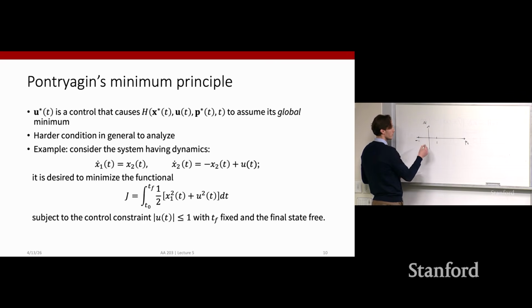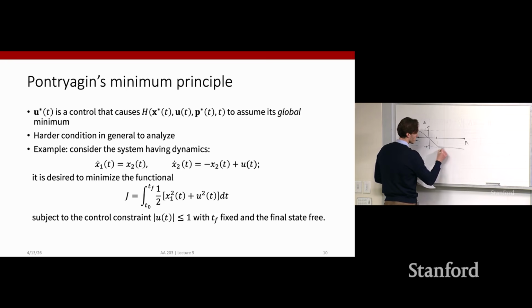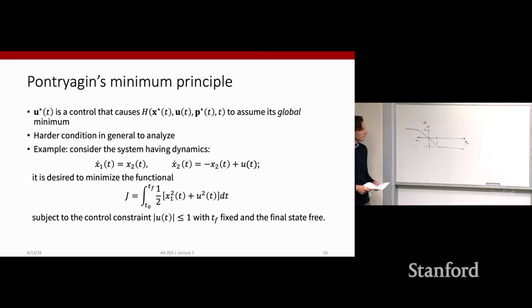So if P2 is between minus 1 and 1, it'll basically look something like this. On the other hand, when it is below negative 1, it will be saturating at 1. And when it is above 1, it will be saturating at minus 1. Right? So our control profile is essentially linear and saturating after some point.